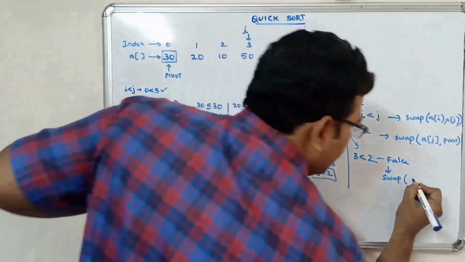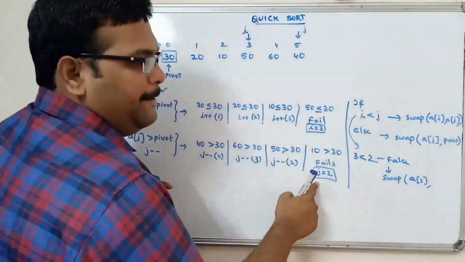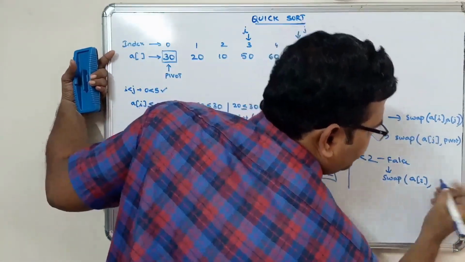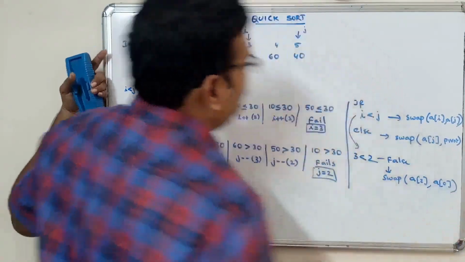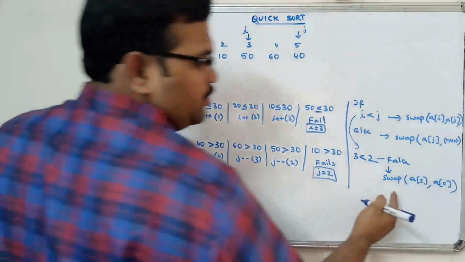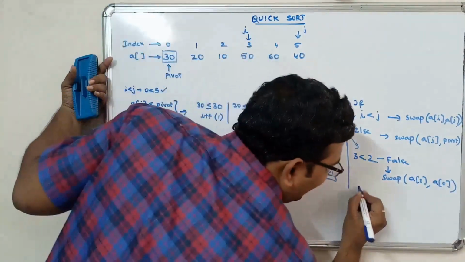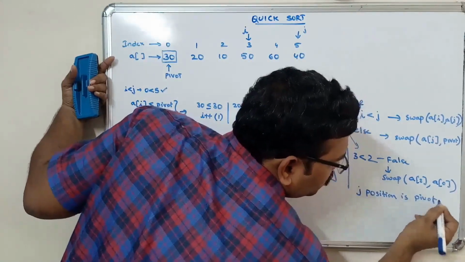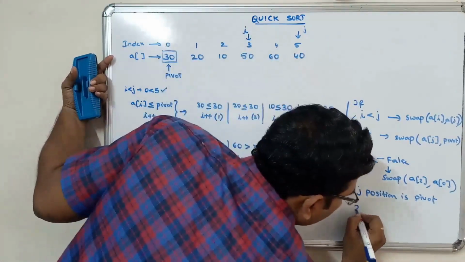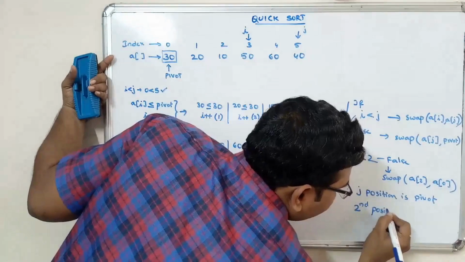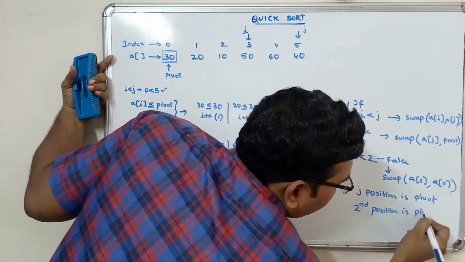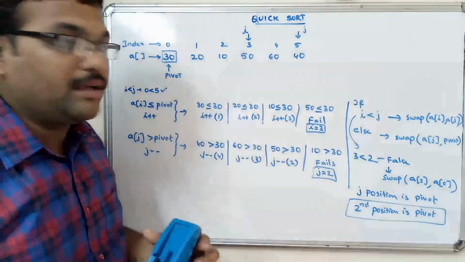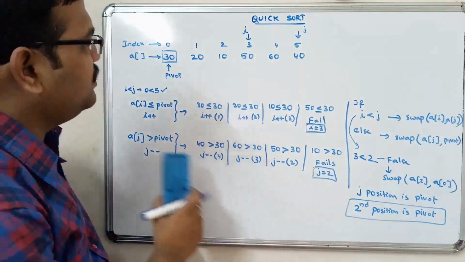So we have to swap a of j. j is 2, a of 2 comma pivot. What is the pivot? 30, or a of low, a of 0, because here the pivot is a of 0, right? So the j position, which is 2, the second position, is the pivot element for the first pass.